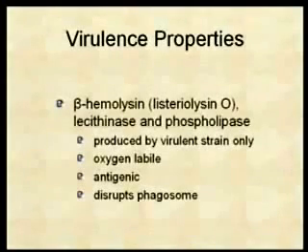It disrupts the phagolysosome. So, if the organism is internalized, it produces beta-hemolysin, and it will disrupt the phagosome before it fuses with the lysosome, and therefore it will become cytoplasmic. And now the organism cannot be killed.